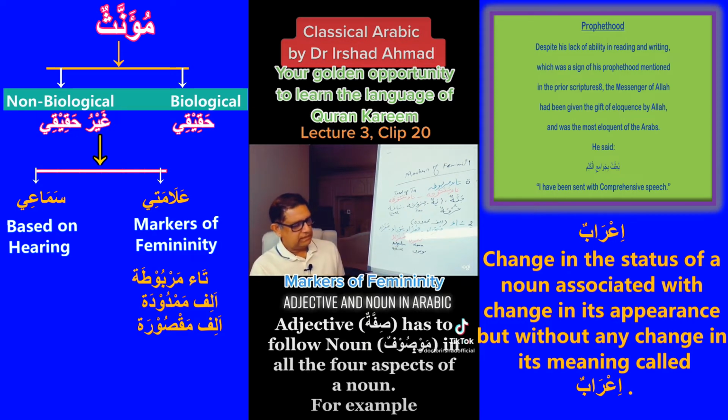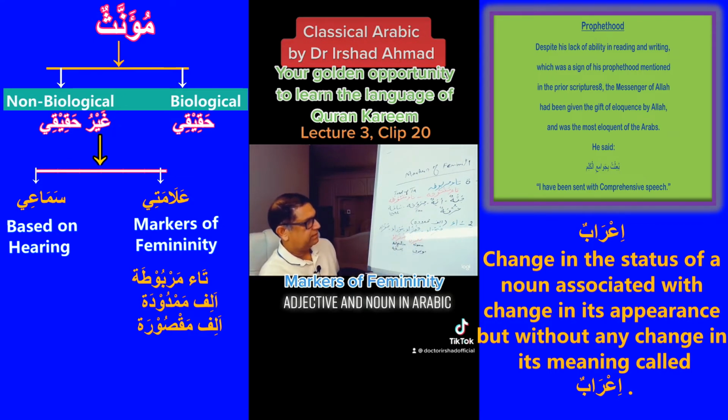We will study later on, it will be a separate topic, that sifa will have to follow mawsuf from all the four aspects of a noun. So if mawsuf is masculine, sifa will be masculine. If mawsuf is feminine, sifa will be feminine. So all these colors, they are feminine, and the opposite of masculine words, we are familiar with some of them.